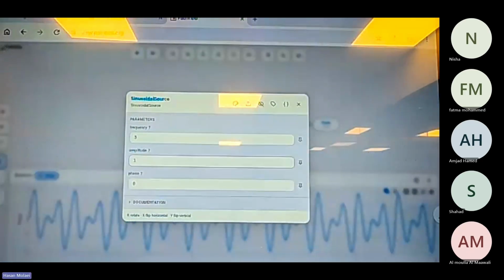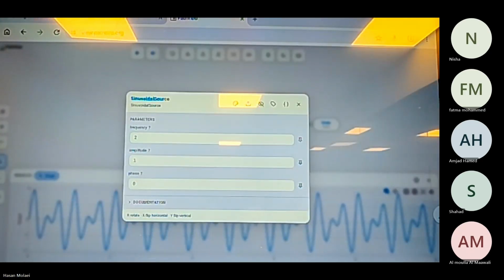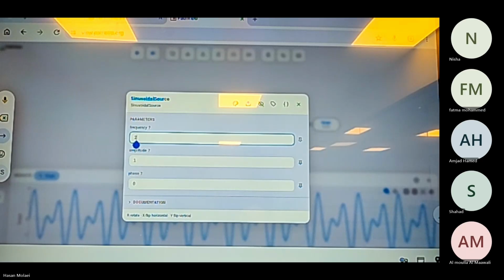It doesn't matter what the frequencies and amplitudes are. If you add different sinusoidal signals, the answer would be periodic.